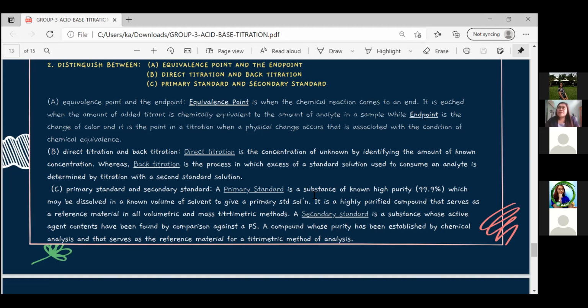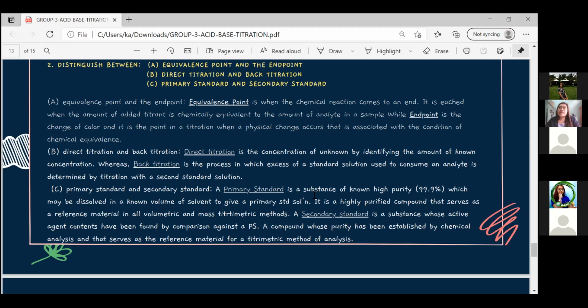Since this is acid-base, for example methyl orange, that's our indicator, we put it in the sodium bicarb. Sodium bicarb is basic, so that is why the original color of the solution is yellow. That's the color of methyl orange in a basic environment. Now, when we added the sulfuric acid, definitely there will be a reaction between the two, and after some time there will be a change in the pH also.